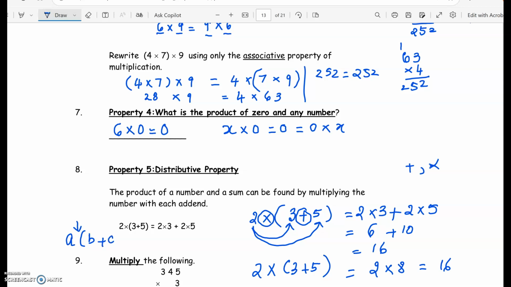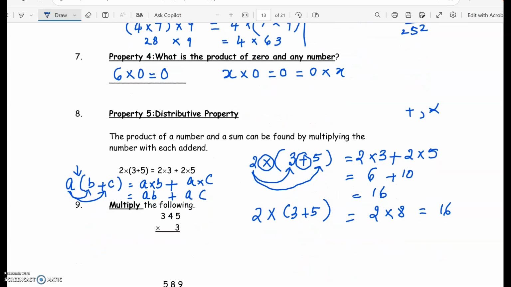A times B plus C is equal to A times B plus A times C. And in algebra, we write it as AB plus AC. Remember this rule. This is called the distributive property. So we say that multiplication distributes over addition.